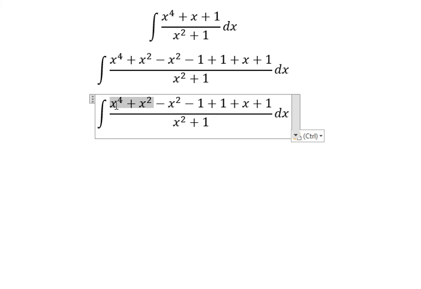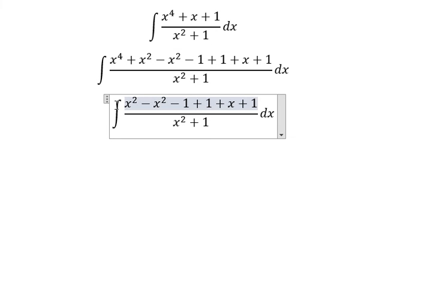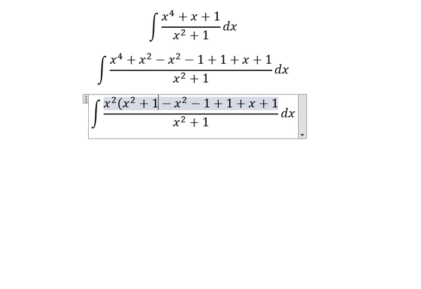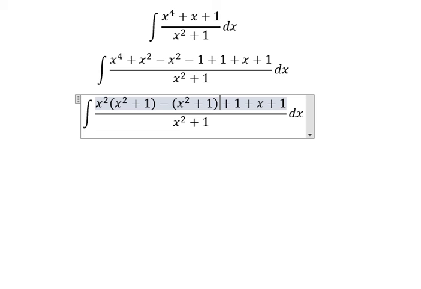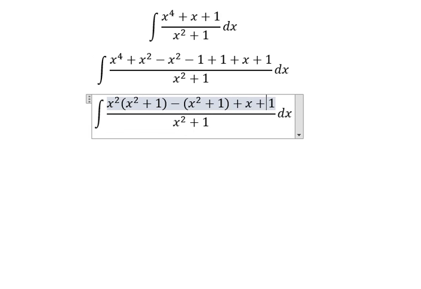This one, we get s squared multiplied by s squared plus 1. This one, we will get s squared plus 1. Number 1 and number 1, you get number 2.